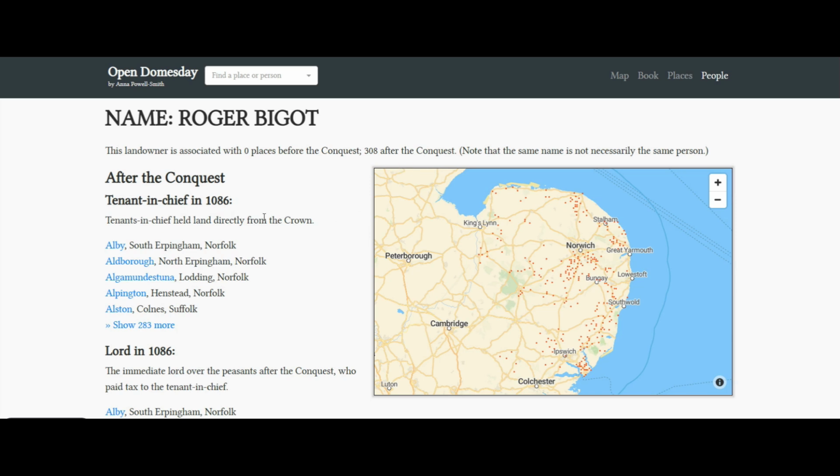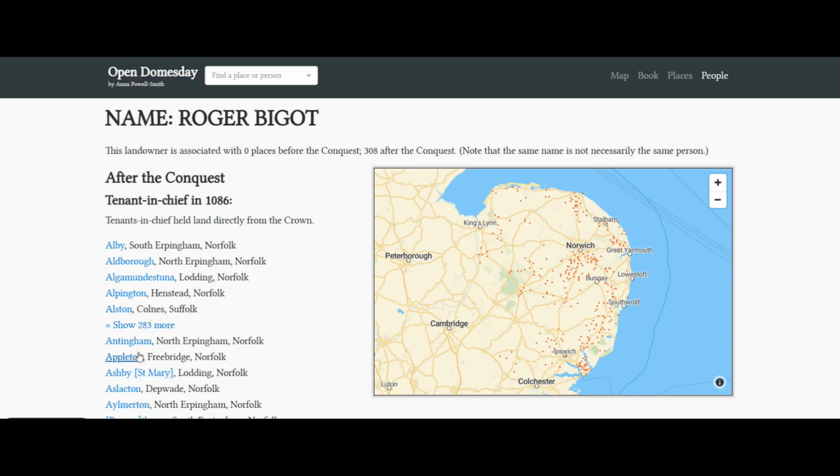So in 1086 he was the tenant-in-chief, he held land directly from the crown. And here we are, if we look, there's our Appleton. Whether he spent much time there is anybody's guess, but he probably did for a short time.